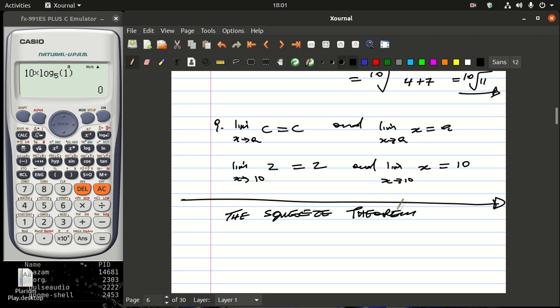Basically speaking, the squeeze theorem wants you to have two functions that are bounding the given function, and both of these two functions have the same limit, so that the function in the middle is squeezed to the same value, because a value between two real numbers that have the same value is just that same real number. That's what the squeeze theorem is all about, but we will talk about it in the next lesson.